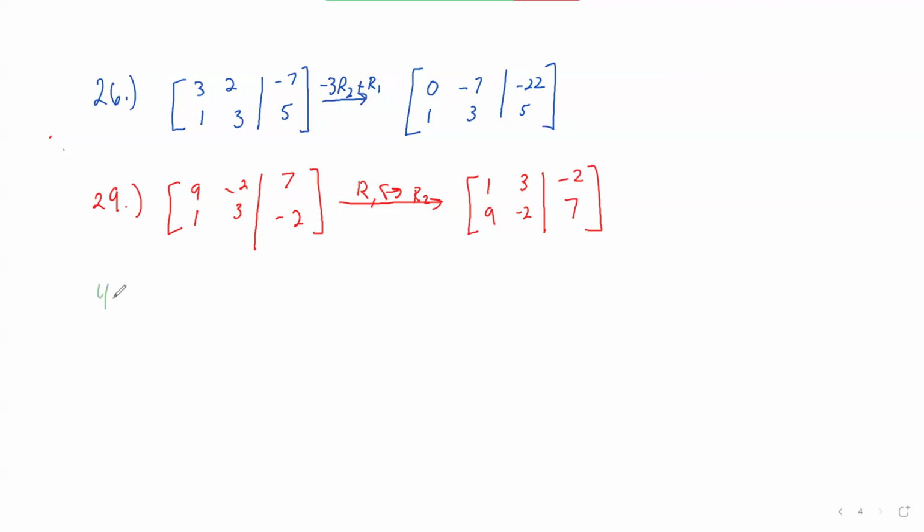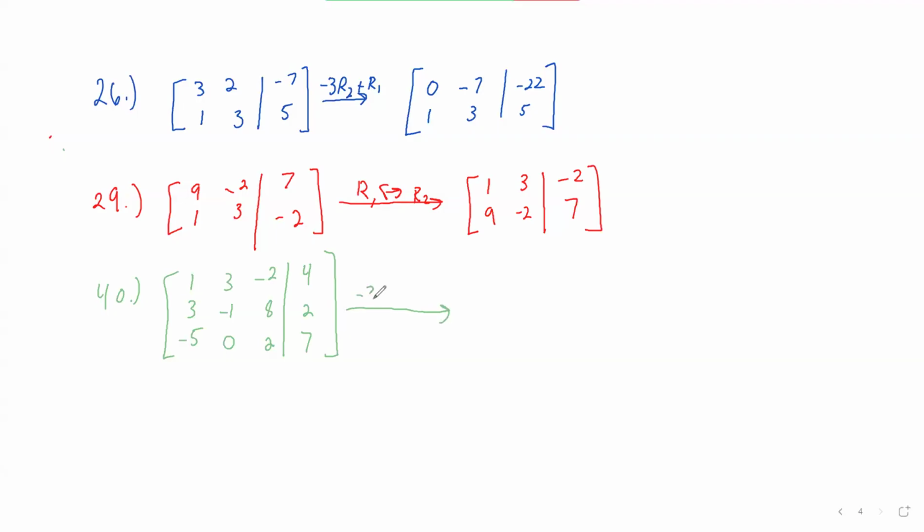All right, so let's see a different situation now. Let's look at number 40. You have 1, 3, -5, 3, -1, 0, -2, 8, 2, 4, 2, 7. And you're asked to do a couple of things.